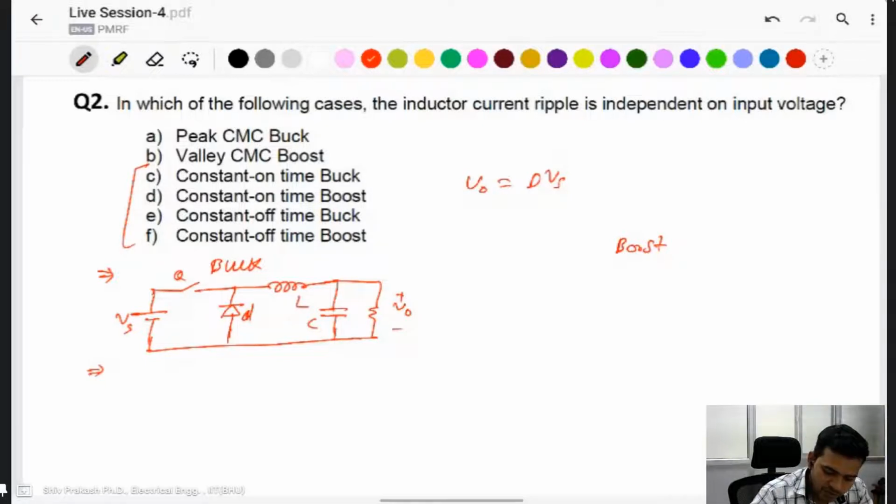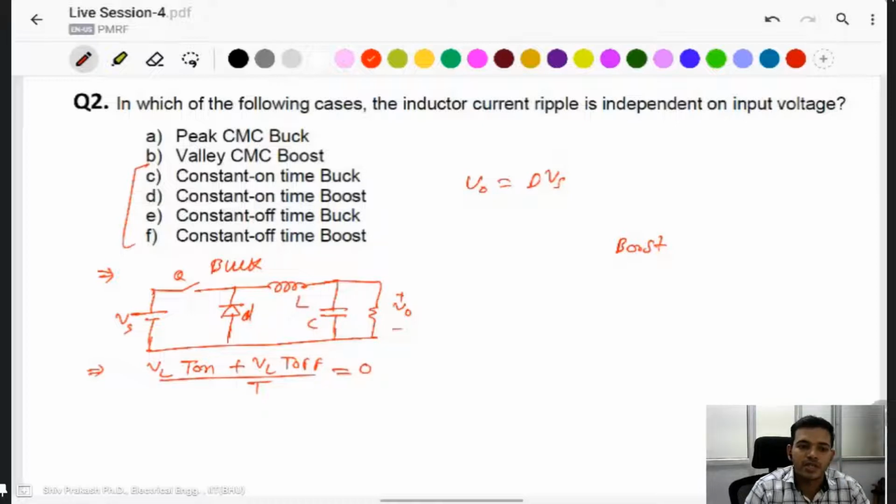First, when the switch is on, then you find the Vs, it means VL into T on plus VL into T off, where total time period is equal to 0. This is the volt-second equation.